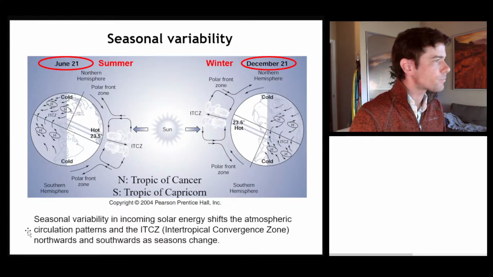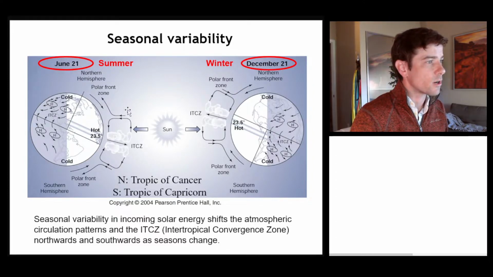Okay. So the Earth is spinning on an axis, and that axis has a tilt. The tilt is currently about 23.5 degrees. And that has direct implications for the distribution of that solar radiation. It means that when we're over here on this side of the sun, it's what we call summer in the northern hemisphere.